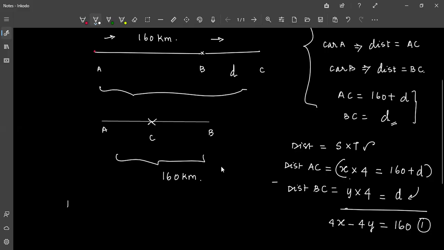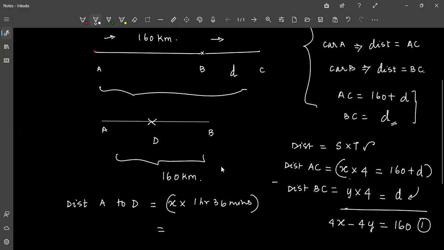Now I'm going to take the distance traveled from point A. Let's keep this as some other point capital D. So the distance of the car traveling from point A to point D is going to be some distance. And as per the speed into time formula, that will be what? X into the time taken, which is 1 hour and 36 minutes.